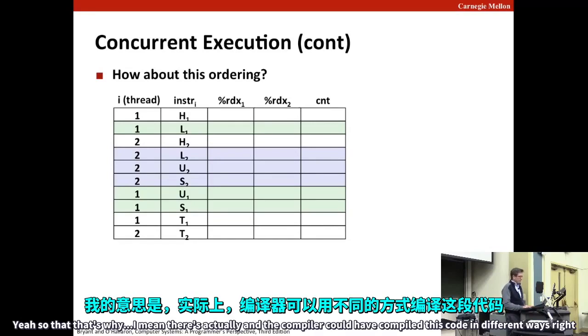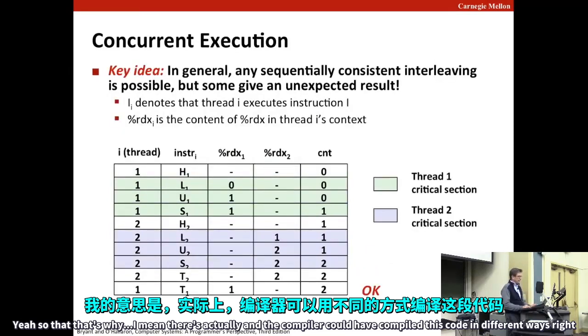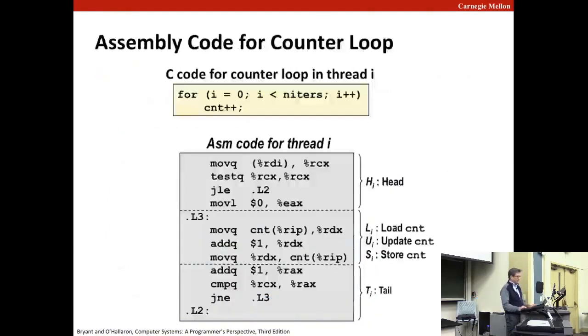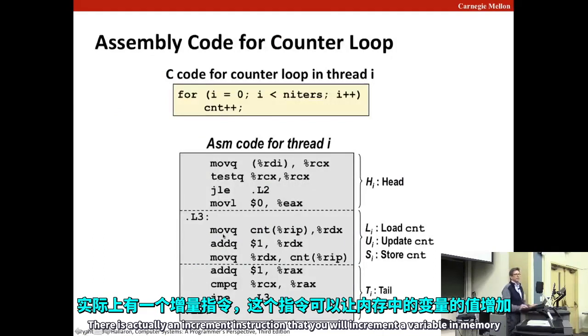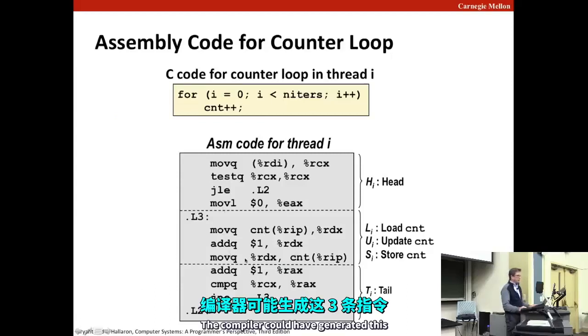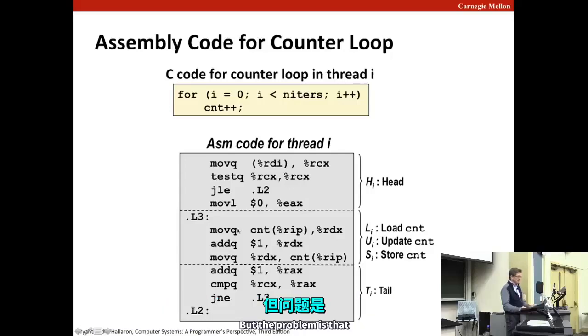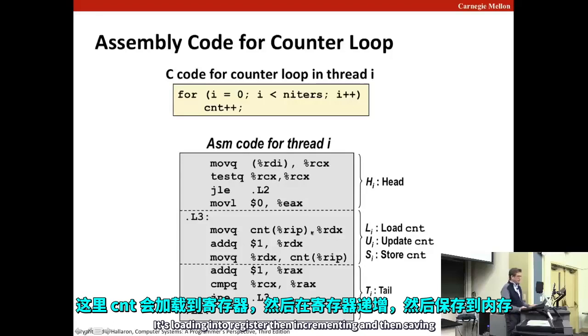Yeah, the compiler could have compiled this code in different ways. There is actually an increment instruction that will increment a variable in memory. So the compiler could have generated this 3 instruction sequence as one instruction, and then we wouldn't have this problem. But the problem is that it's loading into a register, then incrementing, and then saving.